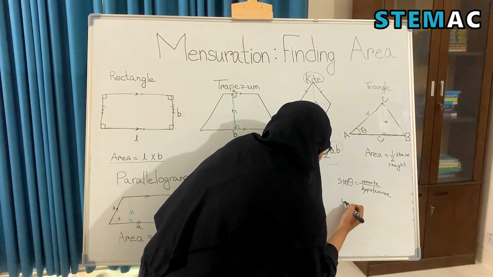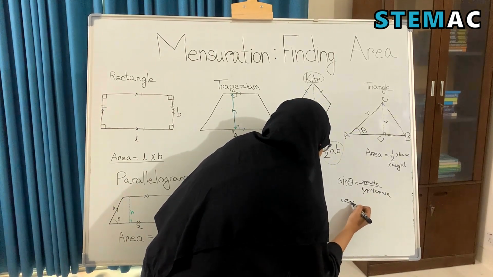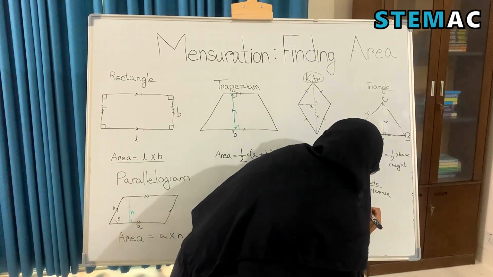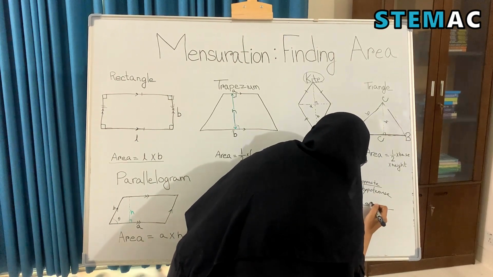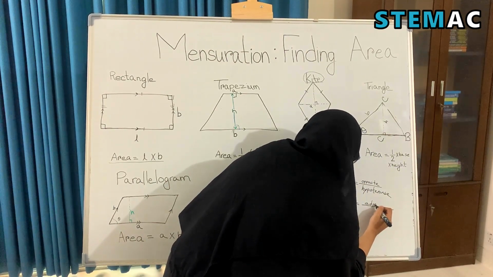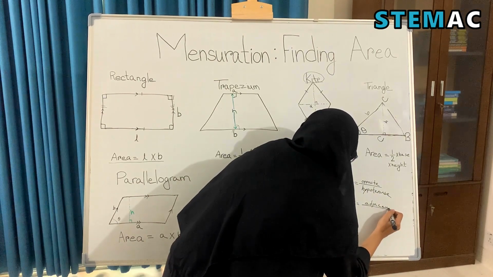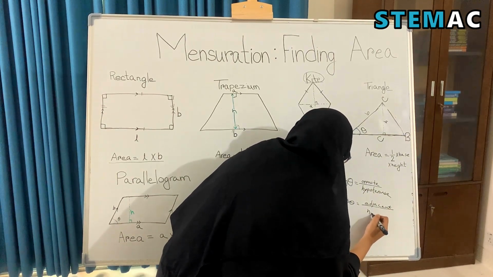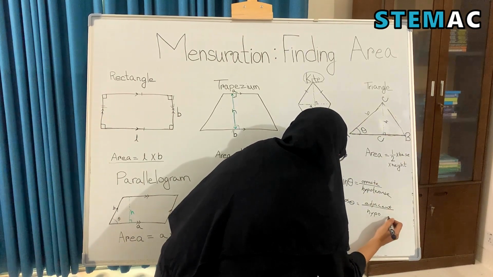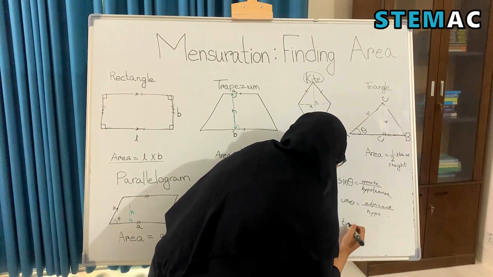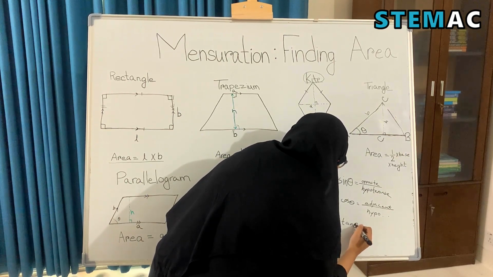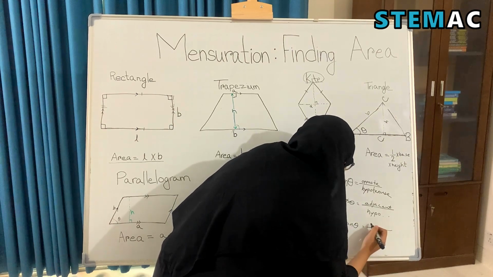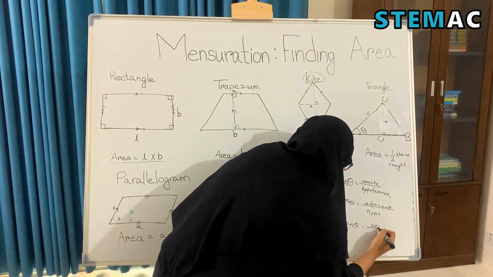Cos theta equals adjacent by hypotenuse, and tan theta equals opposite by adjacent.